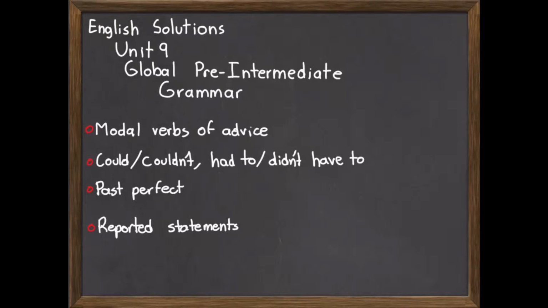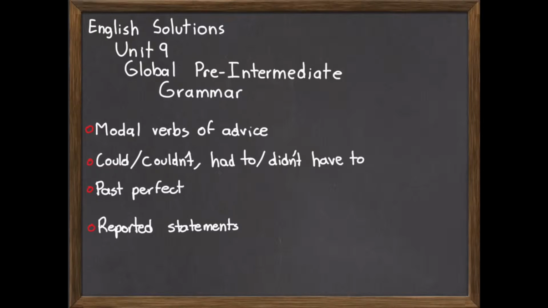Today, we will be looking at Unit 9 from the Global Pre-Intermediate book, and we will be focusing on the grammar section. Now, let's look at what we're going to see in this video. Firstly, we will focus on modal verbs of advice, how to give advice and make suggestions.